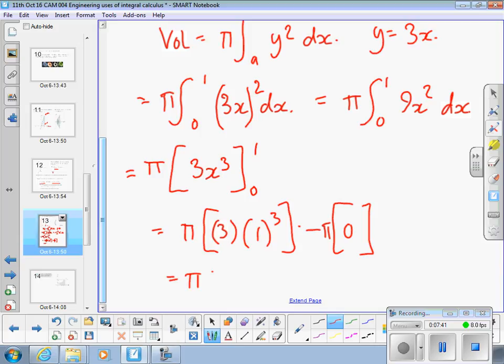Everyone agree with that? And we could evaluate pi, but there's no real need to. We've not been given any kind of unit for this. Okay.